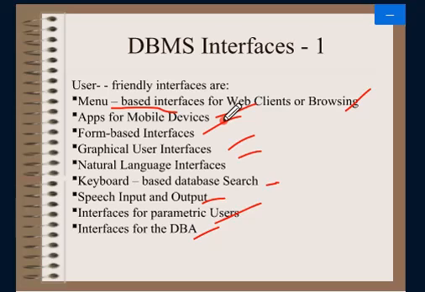present mobile users with access to their data. For example, banking, reservation systems, and insurance companies, among many others, provide apps that allow users to access their data through a mobile phone or mobile device.